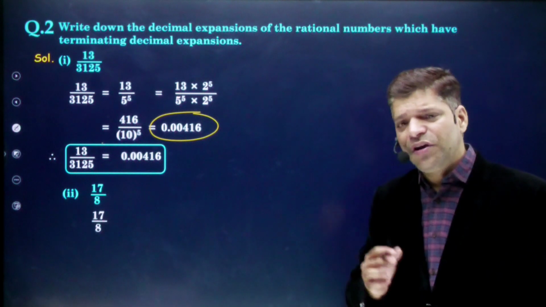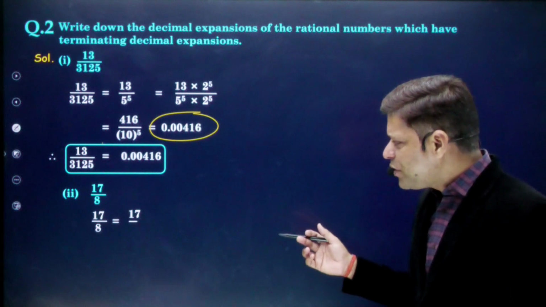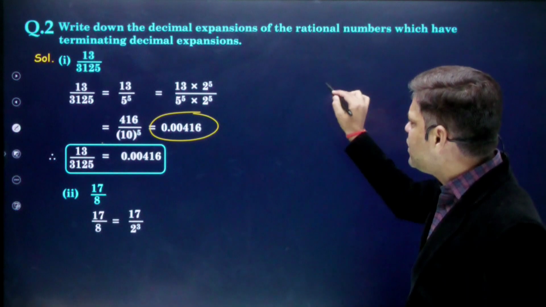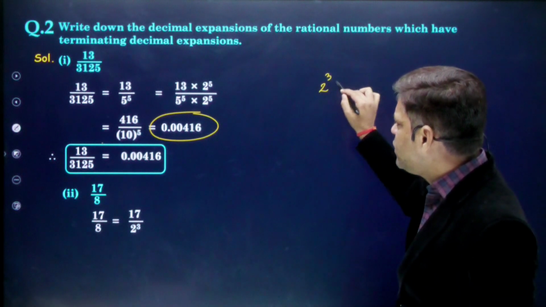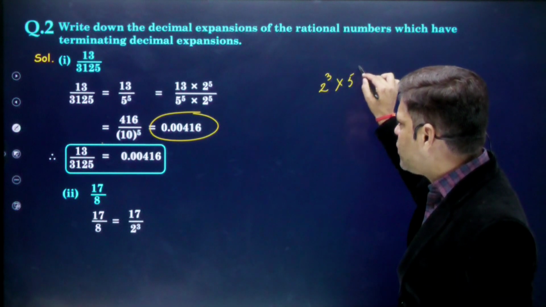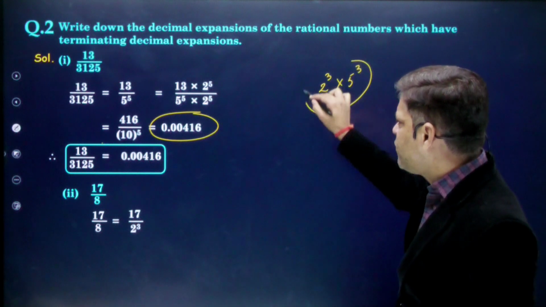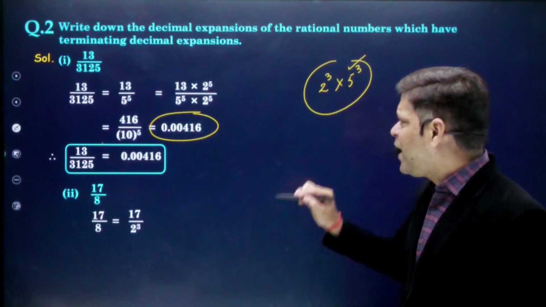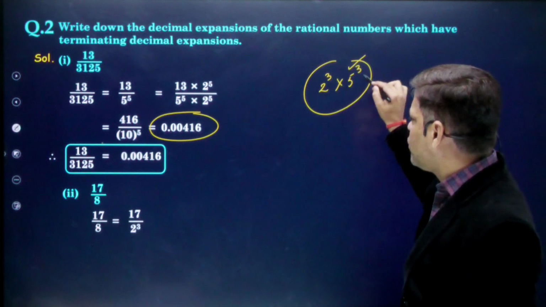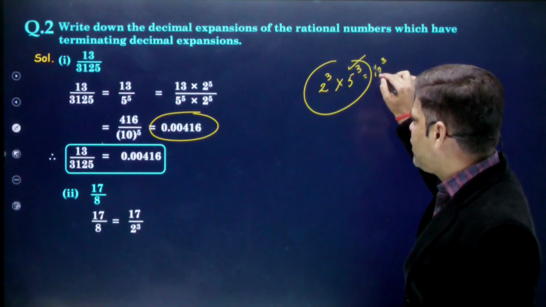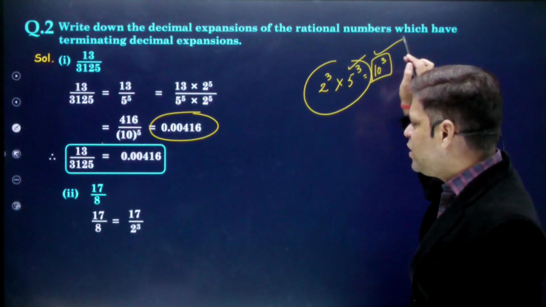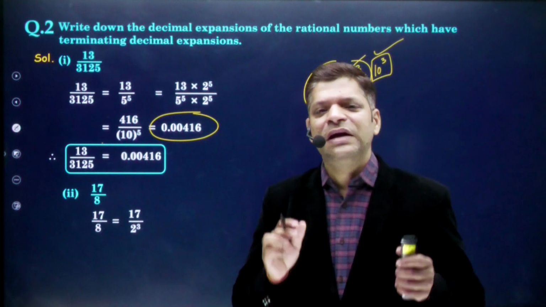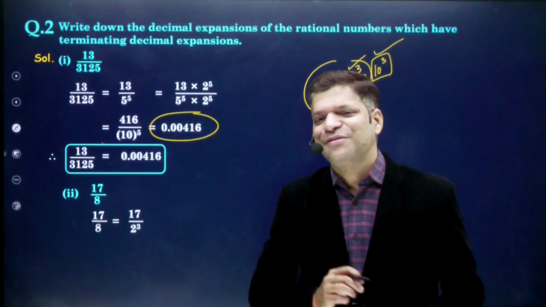The next one, 17 over 8. The same process we will do here. 17 over 8 can be written as 17 over 2 raised to the power 3. Again you can see 2 raised to the power 3 in the denominator, so you have to multiply numerator and denominator by 5 raised to the power 3. Then it will easily convert into the form of 10 raised to the power 3, and we can easily change it into the terminating decimal expansion.